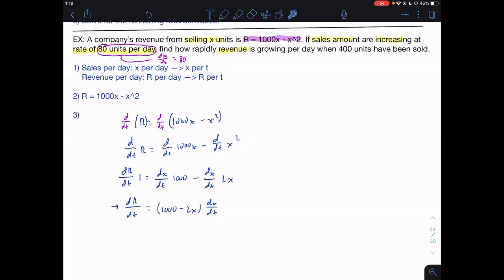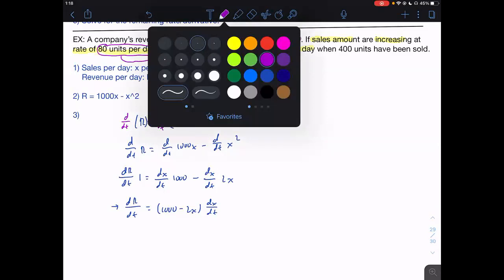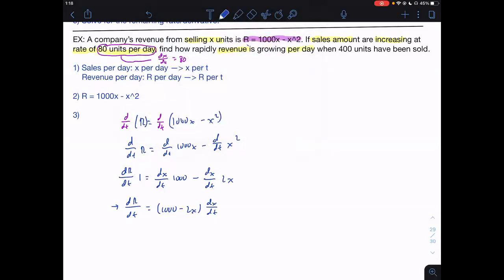Okay, and what are we trying to find here? We're trying to find how much the revenue is growing per day, meaning we want to figure out the derivative, the change in R, so dR, with respect to time.